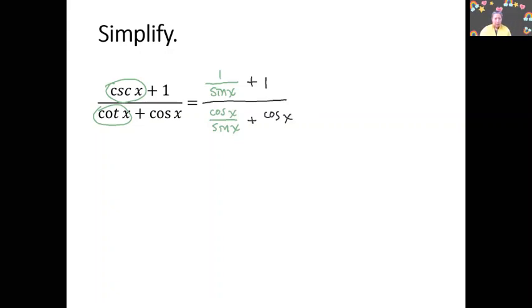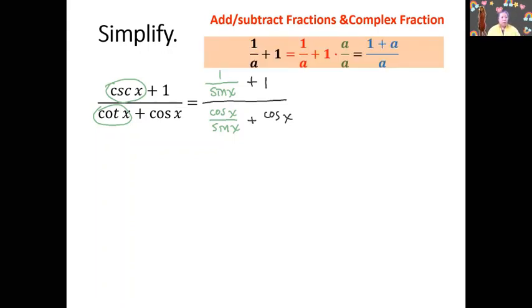Then now I need you guys to remember some fraction operations here.